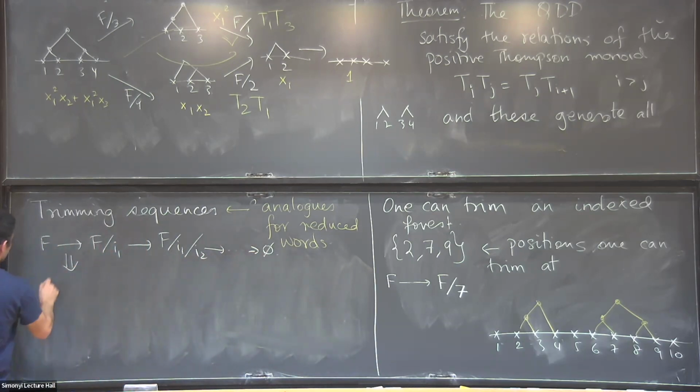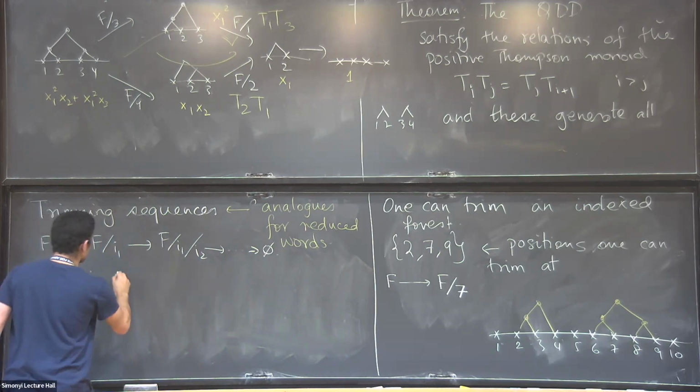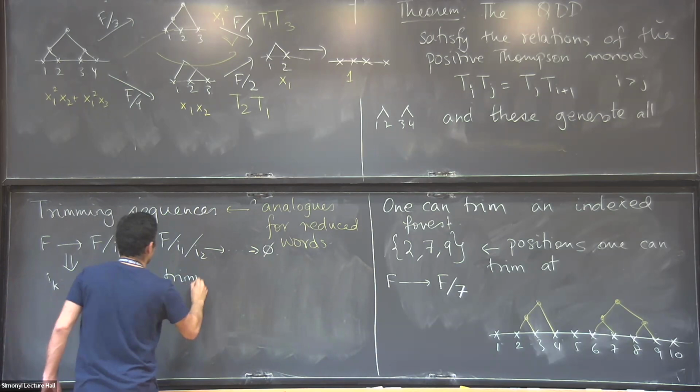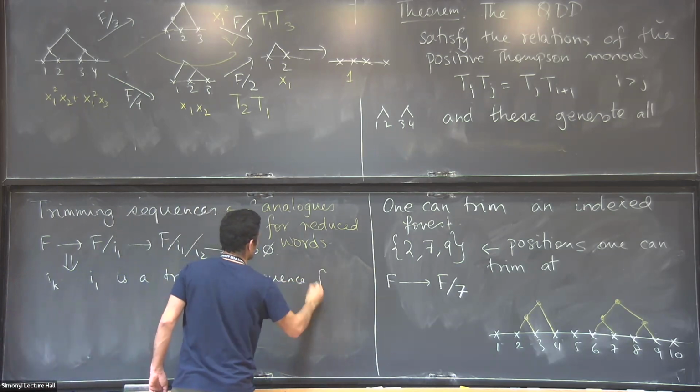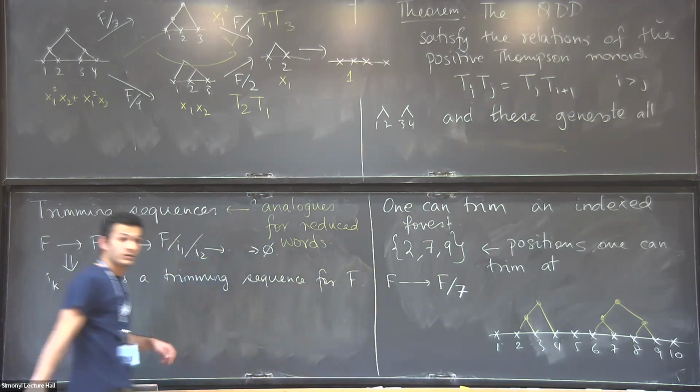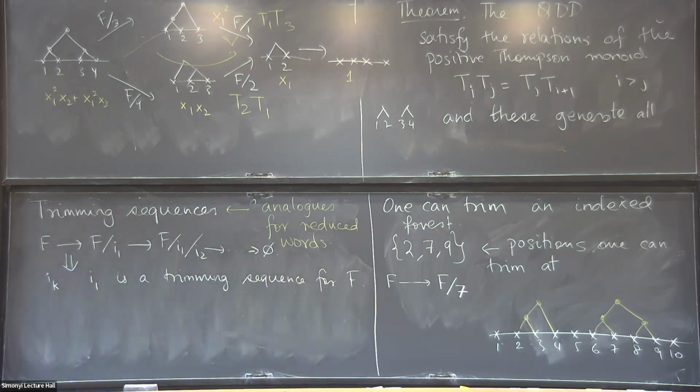So this implies that IK down to I1 is a trimming sequence for F, and the Thomson-Monod relations tell you that two trimming sequences for the same forest are actually the same as operators.